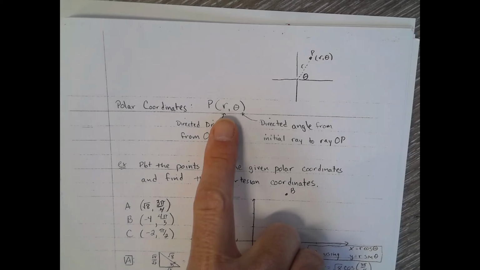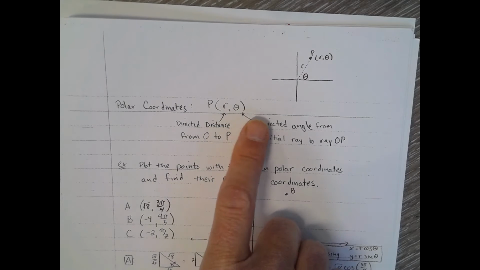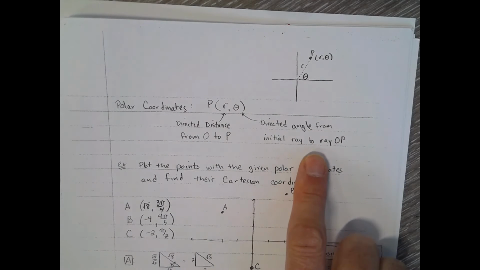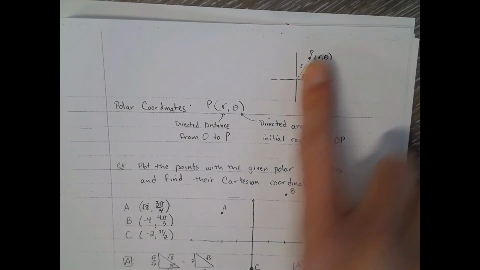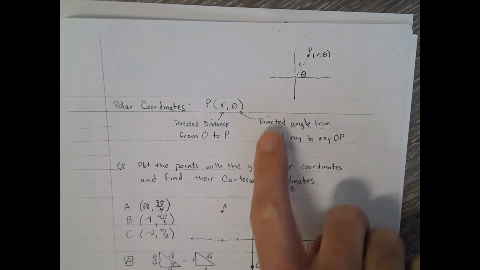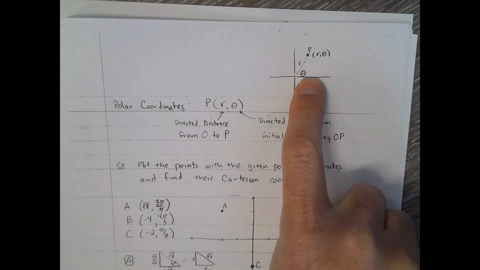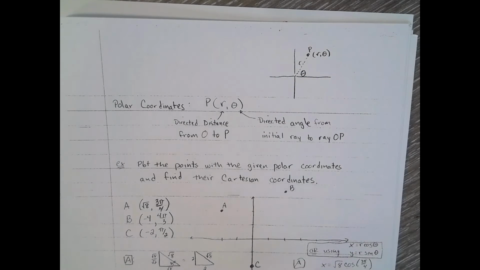So r is the distance from the pole to the point, and theta is the directed angle from the initial ray. So this point right there, P, is r, because it's r units from the pole, and theta is the angle it's made from the initial ray.